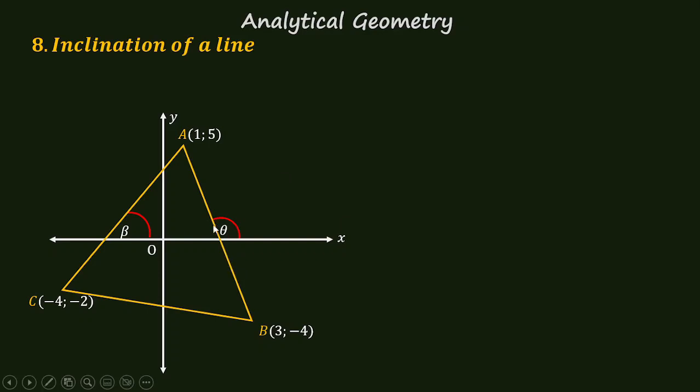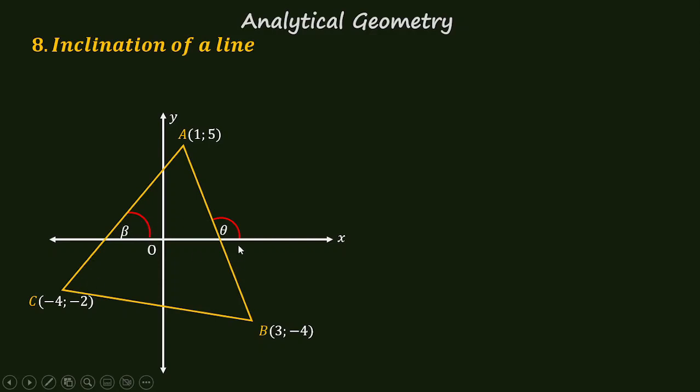So now, to find the inclination of the straight line AB, we start on the x-axis and move to the straight line AB. The angle theta will be the inclination of the straight line AB, and the angle beta will be the inclination of the straight line AC.